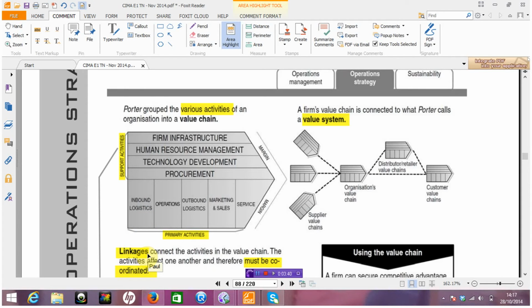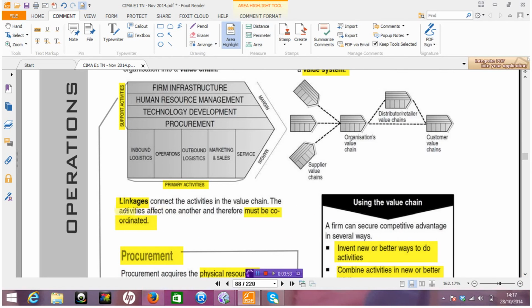In other words, the way that perhaps inbound logistics links into operations, the way that operations links into outbound logistics. So really what we're required to do under the heading of Porter's value chain is make sure that these linkages are efficient, and indeed that they're coordinated.